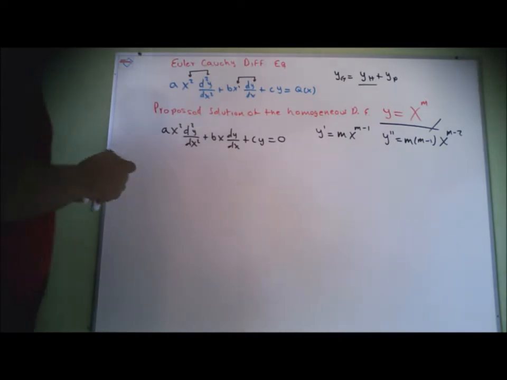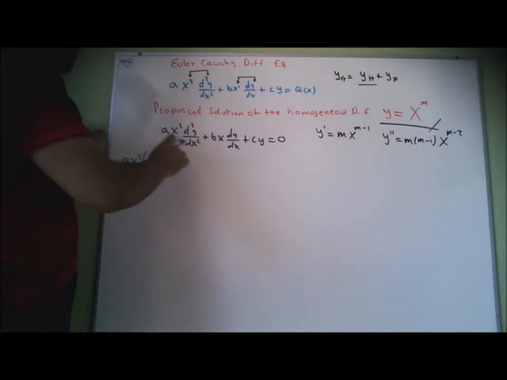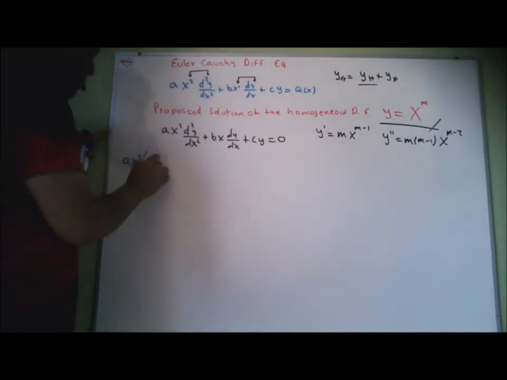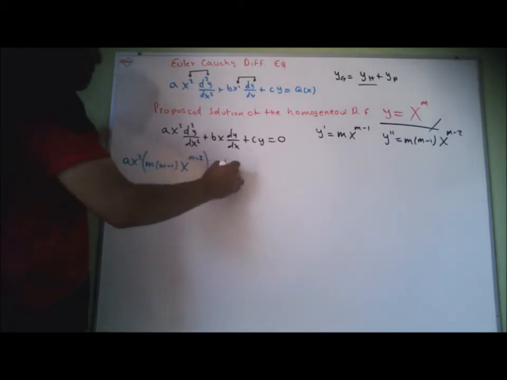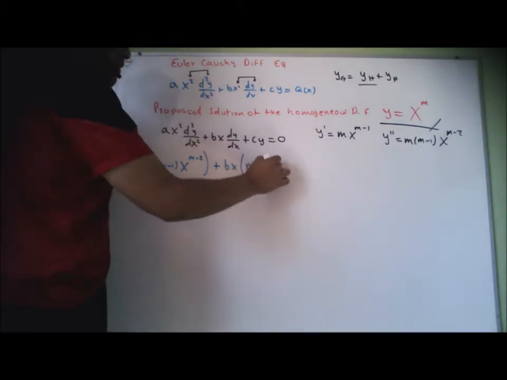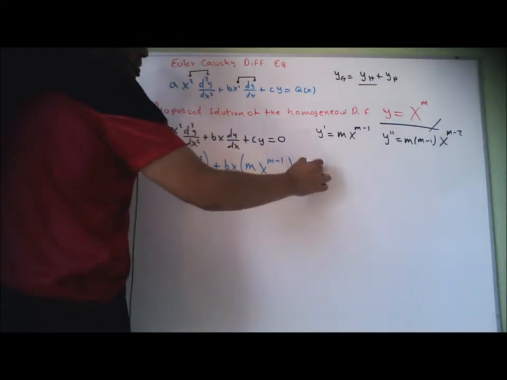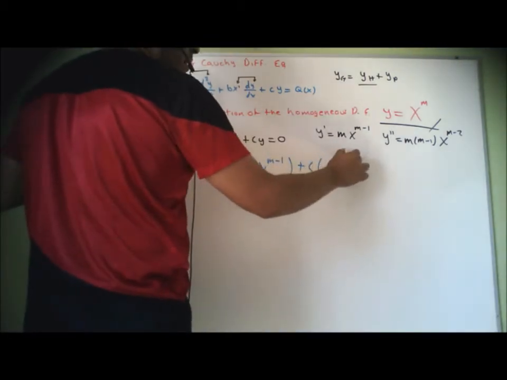Replacing in the differential equation, we will have a x squared times the second derivative, which is m times m minus 1 x to the power of m minus 2, plus b x times the first derivative m x to the power of m minus 1, plus c times y, the proposed solution, x to the power of m, equal to 0.